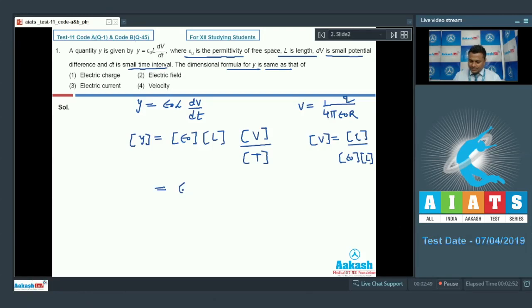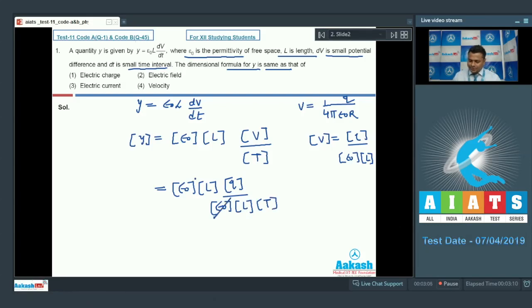We will get epsilon naught dimension, L dimension, dimension of V is Q upon epsilon naught L, and T is already there.